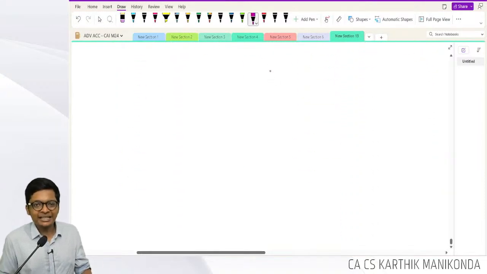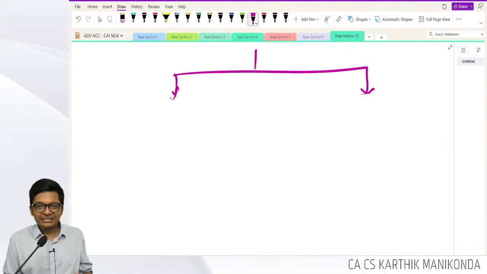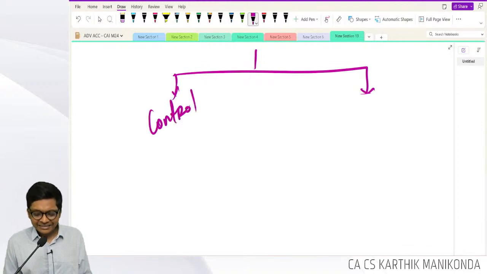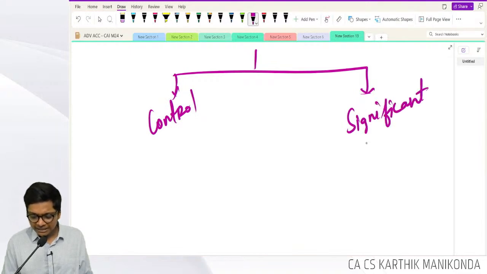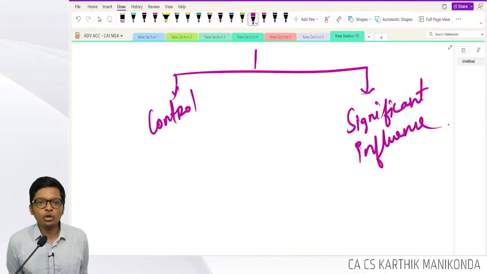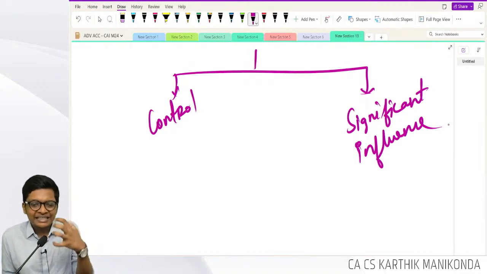The relationship between people is classified into 2: related parties where there is control, and related parties where there is significant influence.